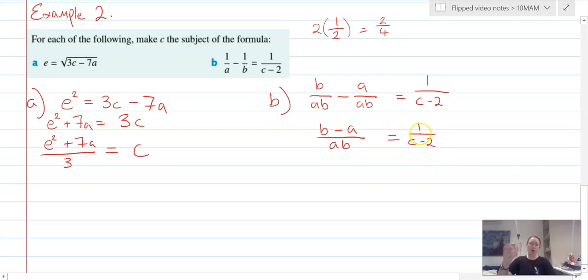Now, 1 over something makes it very hard to deal with, but if we turn both our fractions upside down, so both sides of our equation, then that will make it a lot easier to work with because it'll be c minus 2 over 1, which is just c minus 2.